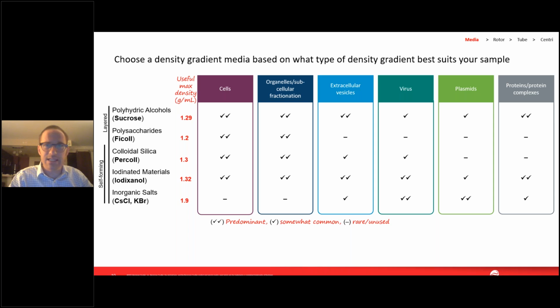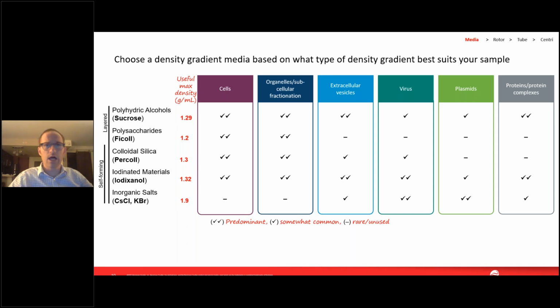Those useful max density numbers there are guidelines, I'd say. It can be higher than that if you are doing certain things, but this is generally what we're seeing. And then you can see based on what kind of sample you have, you're going to be choosing a specific kind of density gradient media.